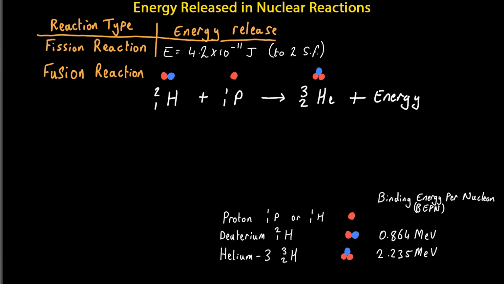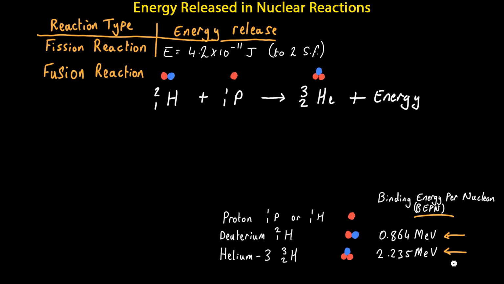So this is the product in our fusion reaction, and we also release some energy. So we've got the binding energy per nucleon for the deuterium and helium-3. How can we calculate the energy released in this reaction?